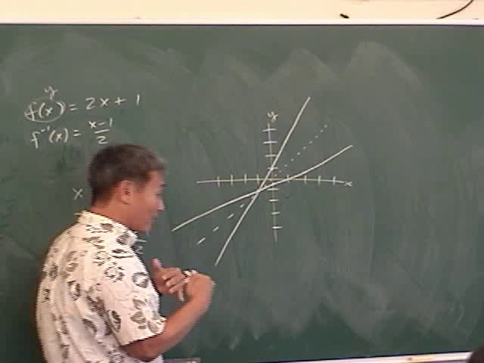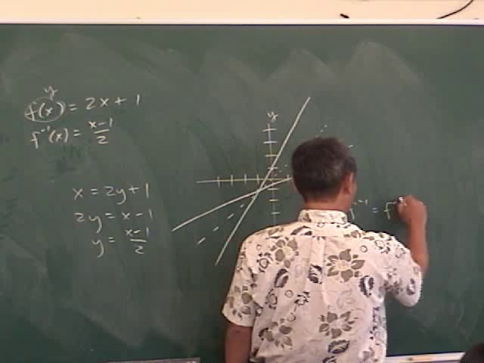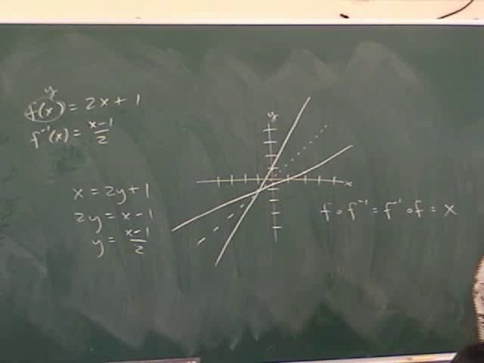If you have a function and its inverse, what happens when you plug one into the other, and it doesn't matter which order? The answer is x every single time. That's one of the most important things. That's why it's in your book, and it's in the notes this year. So on tonight's homework, you'll use that.